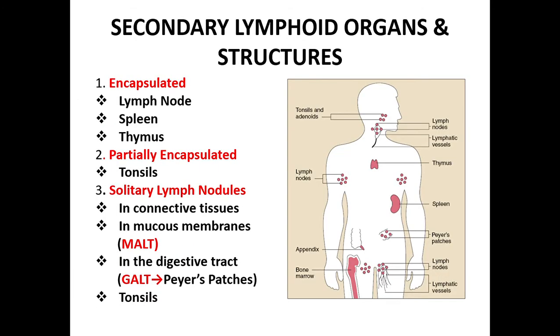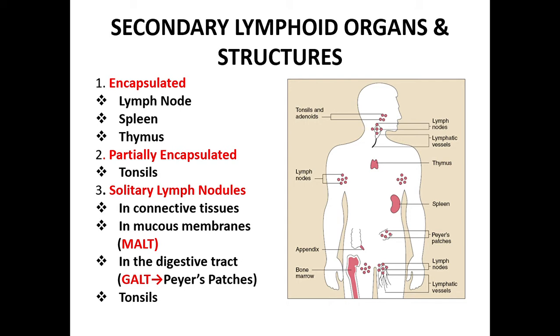activation. The secondary lymphoid organs and structures are classified into three. Those with the capsule, we have the encapsulated organs, we have the lymph node, we have the spleen, and the thymus.